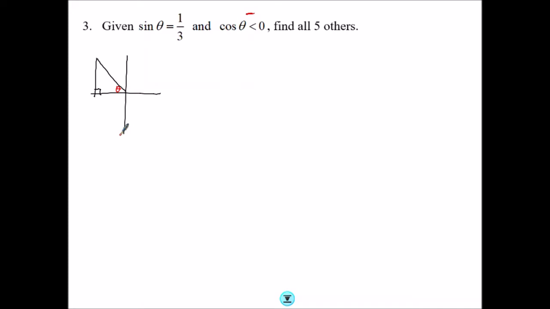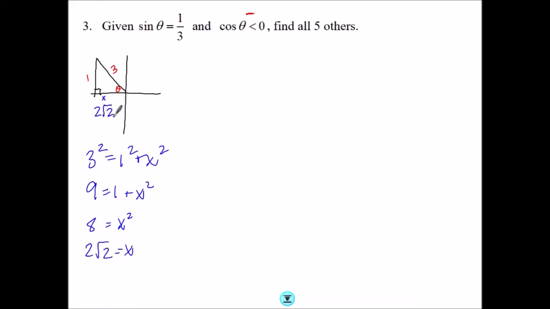We know that sine is opposite over hypotenuse, and we can use the Pythagorean theorem to find the other side, which is our x value. So we have 9 equals 1 plus x squared, so x squared equals 8. X is square root of 8, which simplifies to 2 square root of 2. Since we're in quadrant 2, this has to be a negative value.